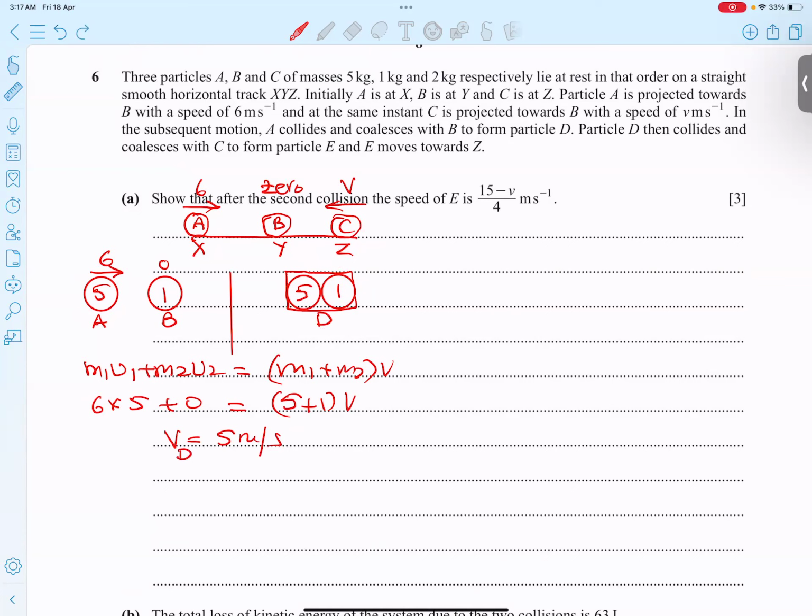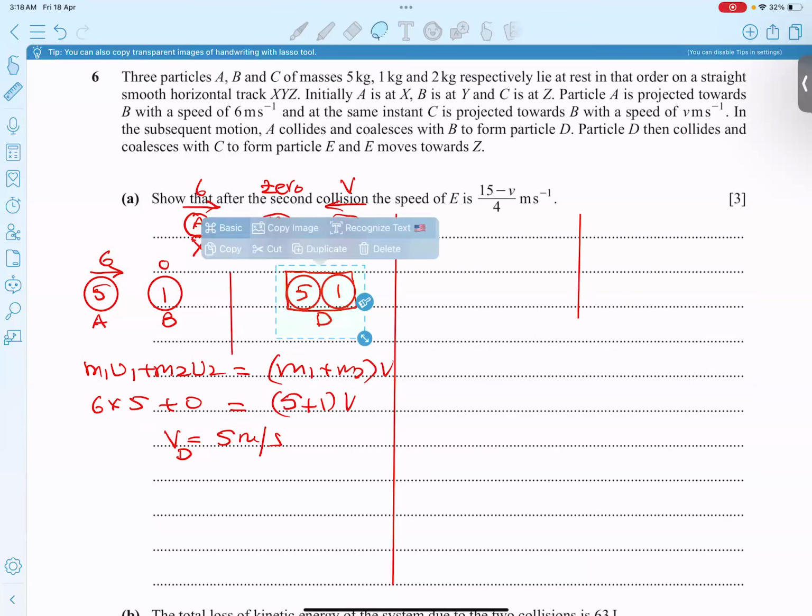Okay, this is done, students. Now we can go for part number 2. According to the plan, now the C particle is going to hit this combined particle. This is before collision, this is after collision.